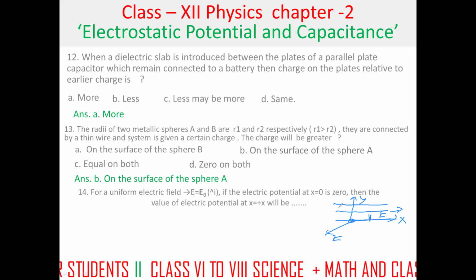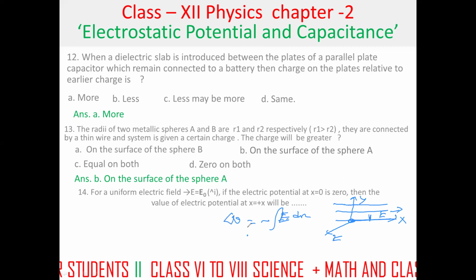So this would be, as it is varying with the distance. So definitely the potential difference. We know the potential difference, V equal to minus the integration of E dot dr. This is the formula for potential difference, delta V equal to this.